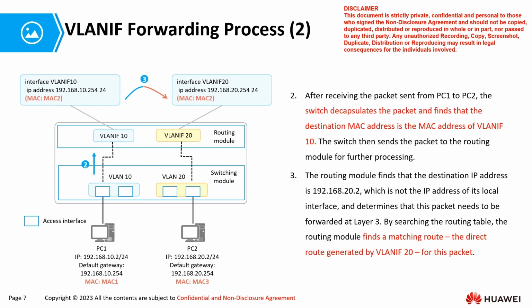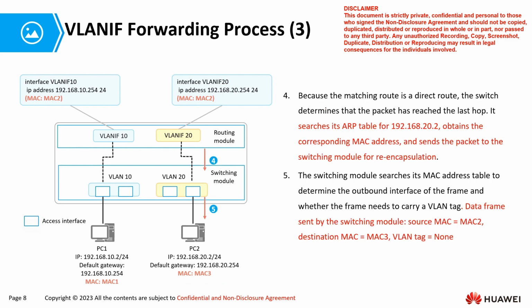After that, in step 3, they find the matching route, the route generated by VLANIF 20 for the packet. Then they revise the destination MAC address again; it will be the destination MAC address of 3 here.